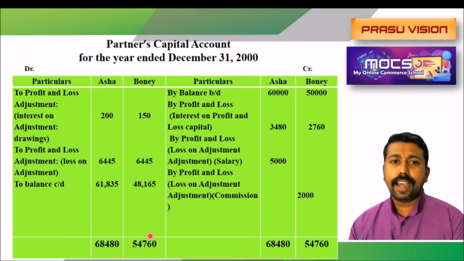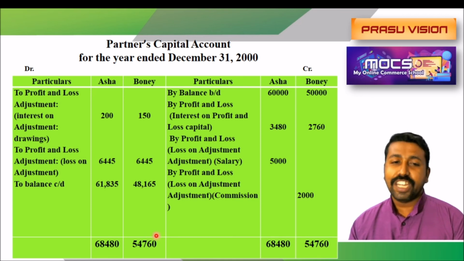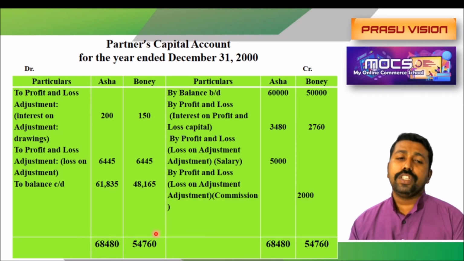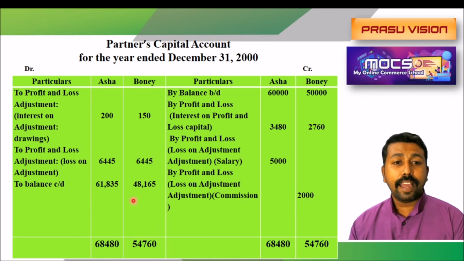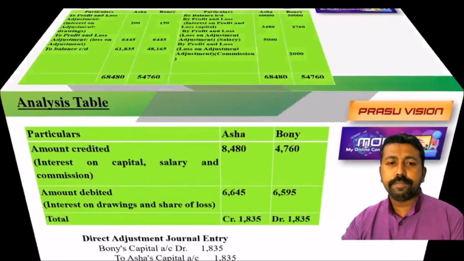What will be the capital account balance? There will be no change in the capital account balance, only the method is changing. You will get the same balances if you do the adjustment as per the first method. Let us look at it.